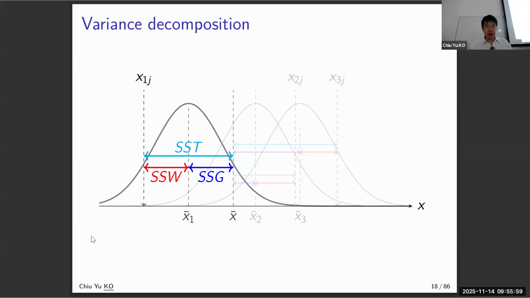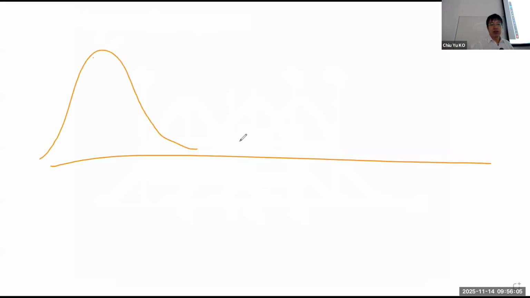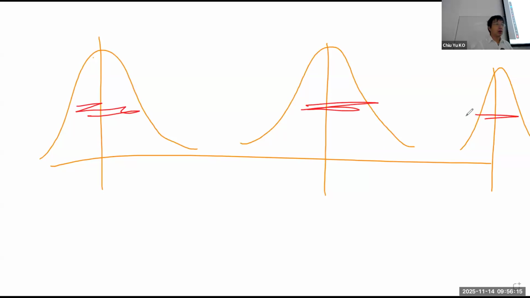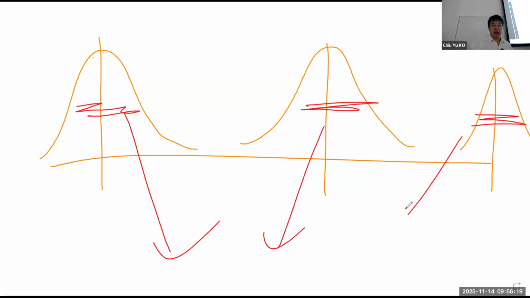Let me draw a picture to convince you. Look at a very extreme example where the means are all at very different locations. MSW will only care about the variation within each group; you calculate this and it gives you MSW. What's MSG here?